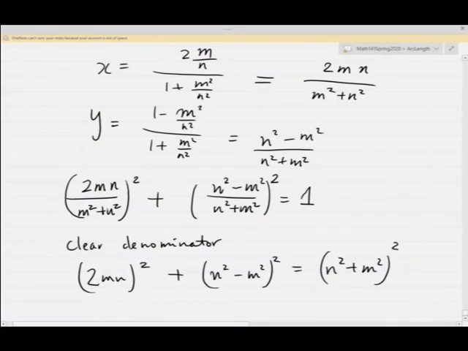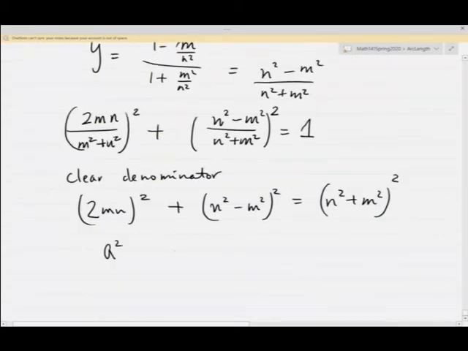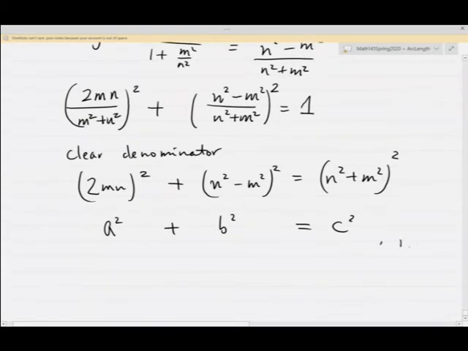You see, this is a squared plus b squared equals c squared, where m and n are integers. So this gives us a universal solution for the Pythagorean triples.